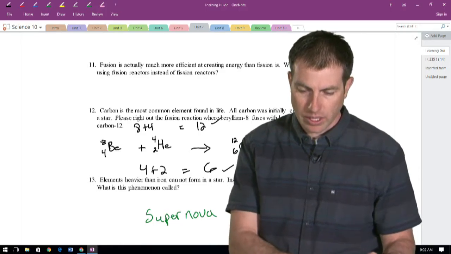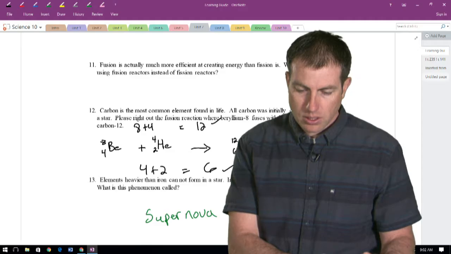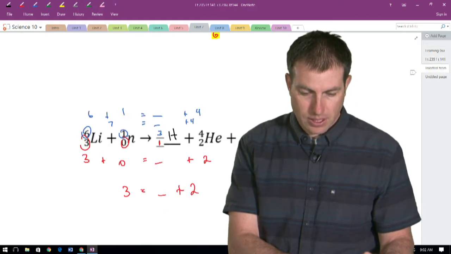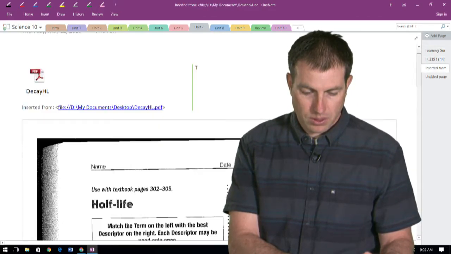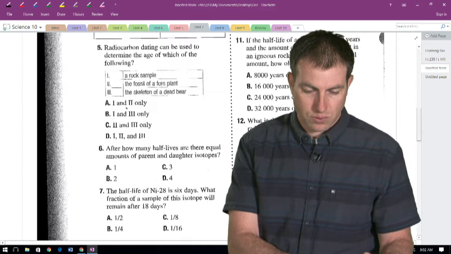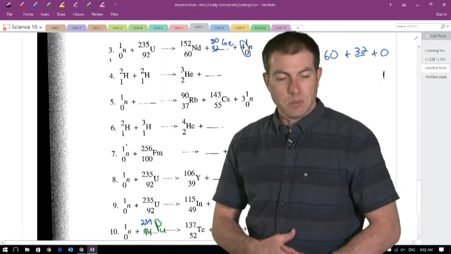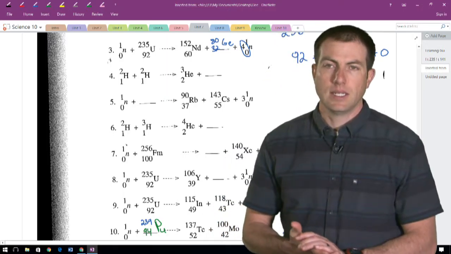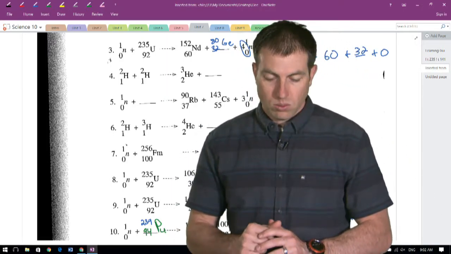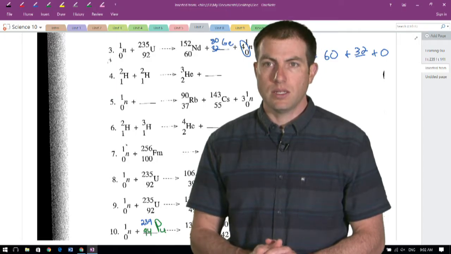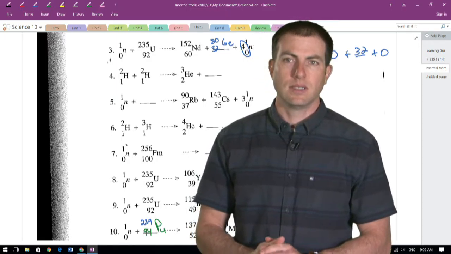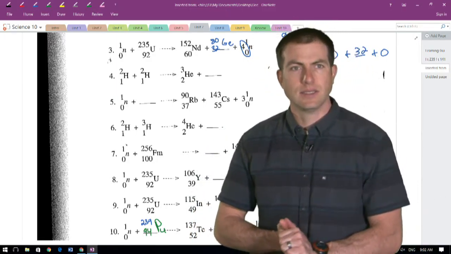We looked at some of the extra practice from these fission fusion guys here. Anything there at all? I'd be happy to go through Unit 7 stuff. If not, we'll just continue on with Unit 8.